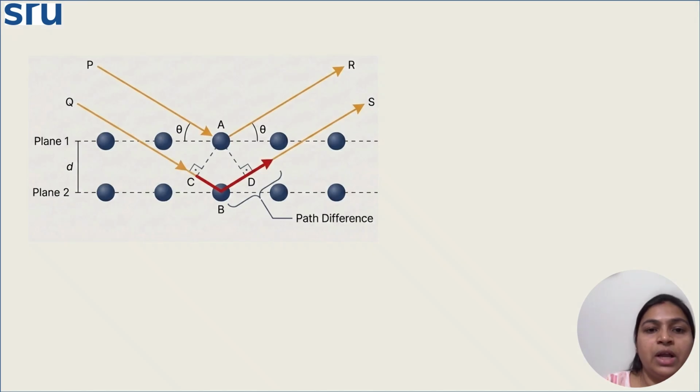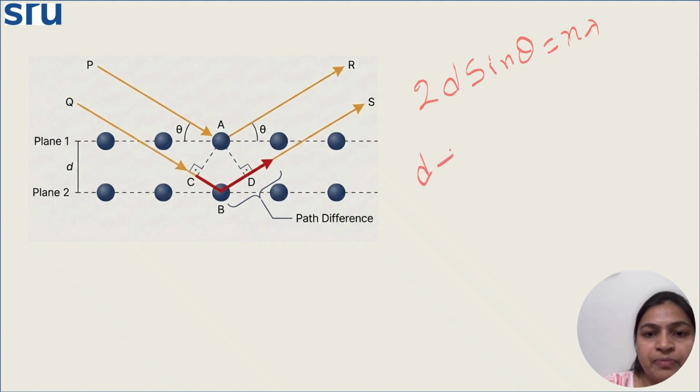So this is the schematic to prove Bragg's law, and our famous formula is 2d sine theta is equal to n lambda.